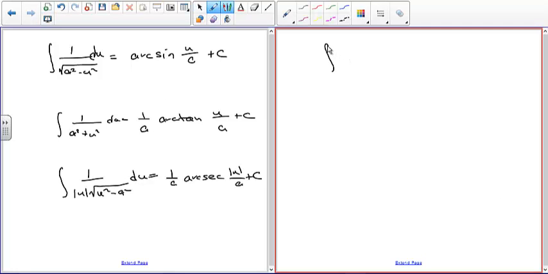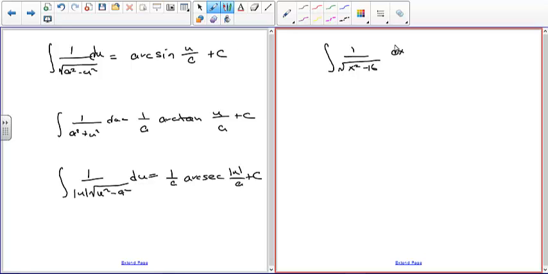What's the integral of 1 divided by the square root of x squared minus 16 dx? So I can't use chapter 5 stuff because if I had 16 minus x squared, then it would be the arc sine of x over 4. But what I've got is x squared minus 16, so it's the opposite way around.